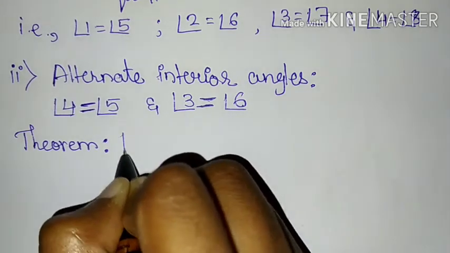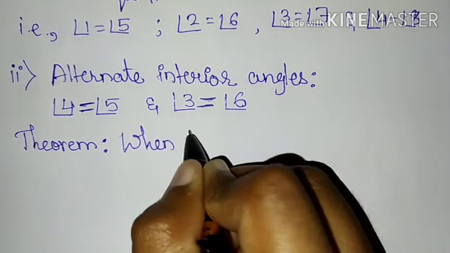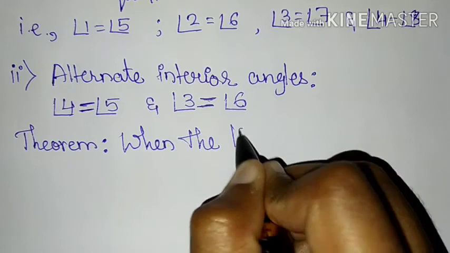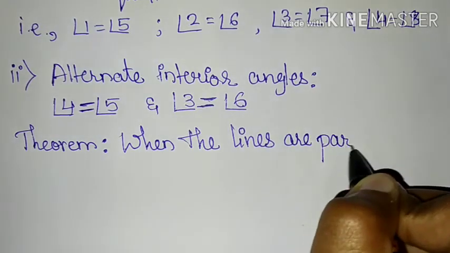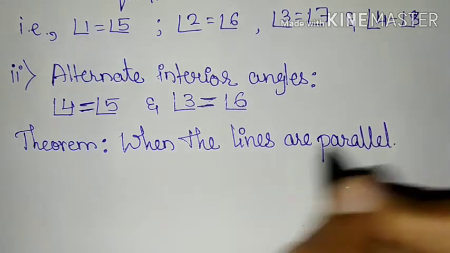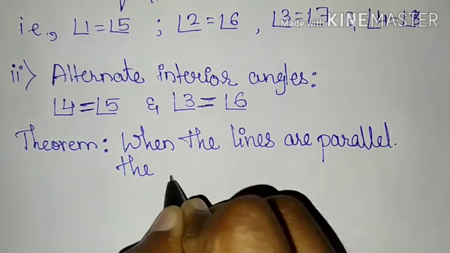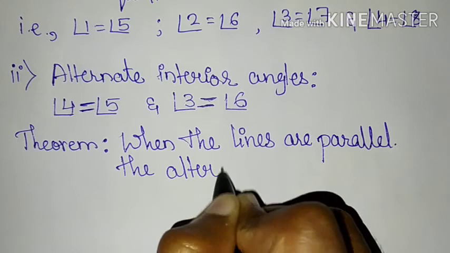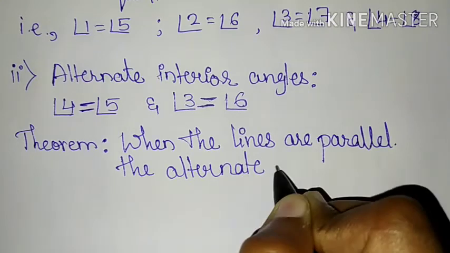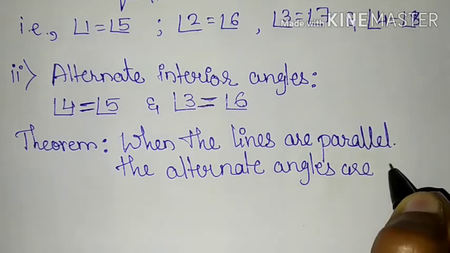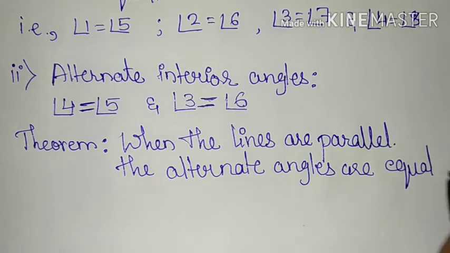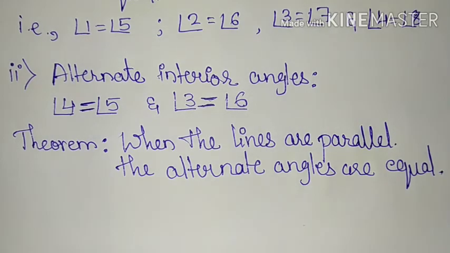Theorem: when the lines are parallel to each other, the alternate angles are equal. This is our theorem on the alternate angles.